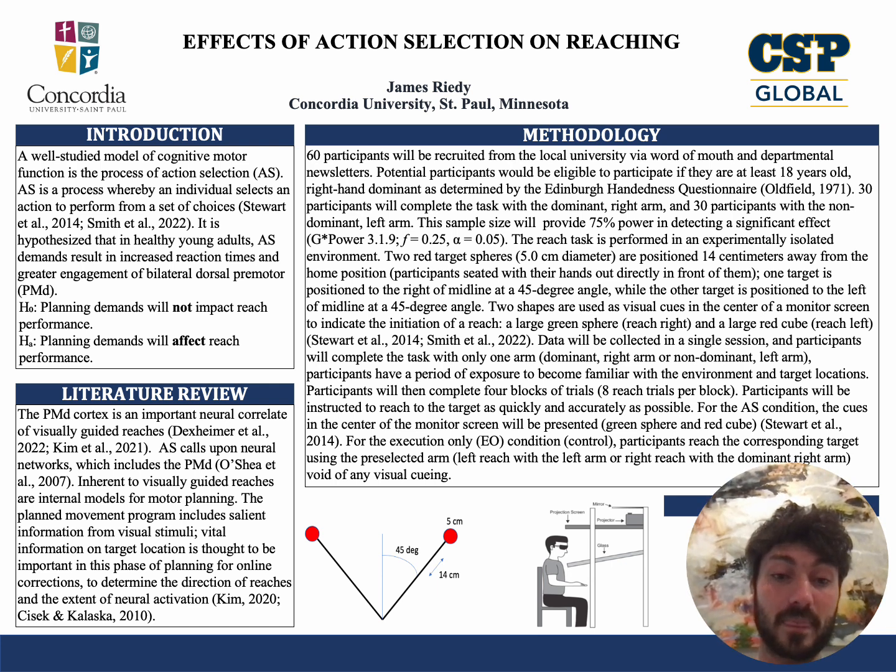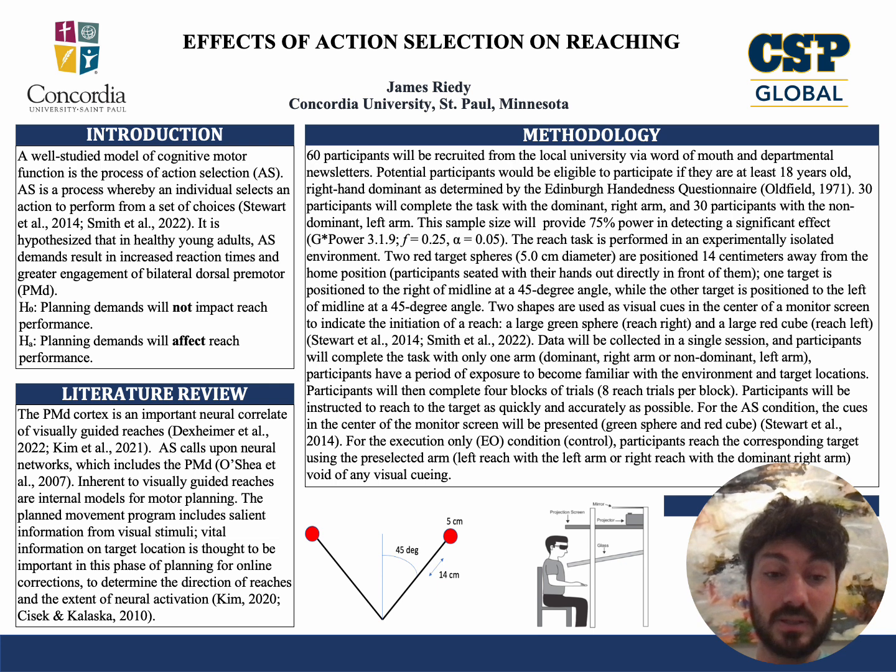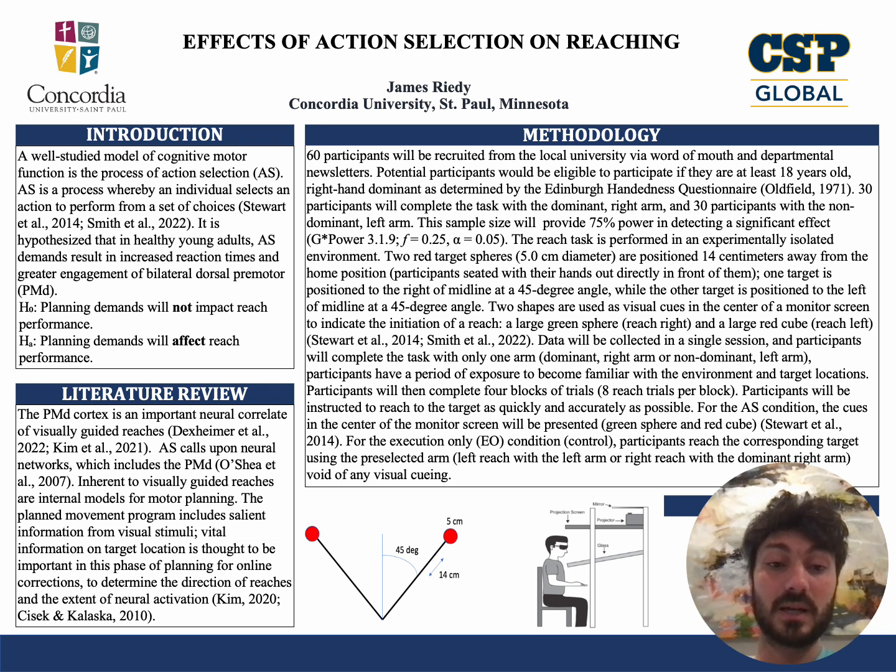So, visual stimuli and information on target location, as well as the importance of speed and accuracy for a visually guided reach, are important and salient information for action selection research.